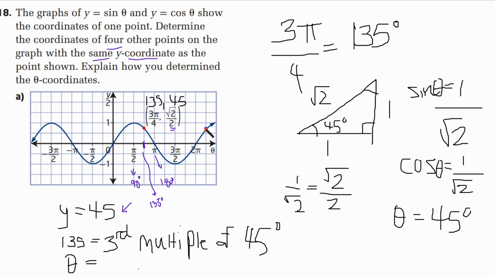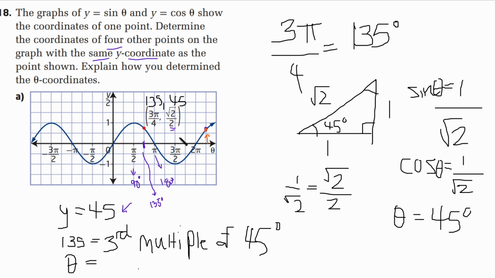Do you agree that this could be a possibility? Yes, that seems to be the possibility. Then we have to figure out the x value for it. So what could be the x value for this one?